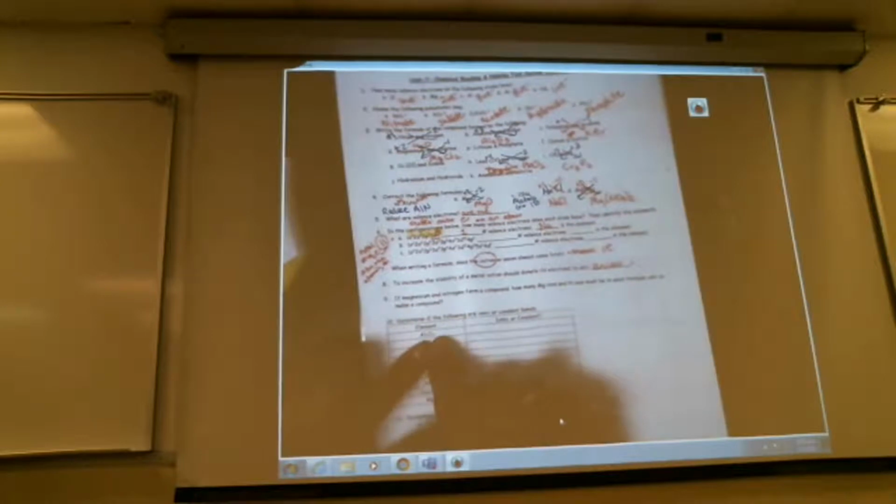The next one here, if magnesium and nitrogen form a compound, how many Mg ions and how many N ions must be in each formula unit? So, for example, Al2O3 is a formula unit. That is one compound. How many aluminums are here?